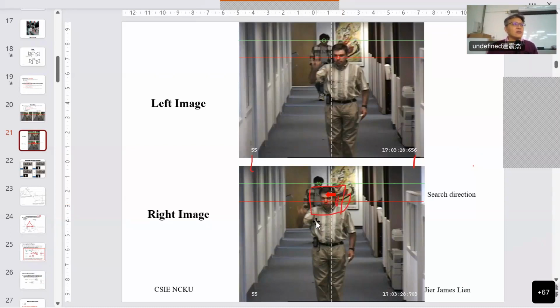The other way to check whether there exists a corresponding point is what we call left and right check. In the left image as your reference, you check your corresponding point in the right image, and then you do it again from the right image. You try to find the same position, but your search region will be on the other side, and you calculate your disparity.